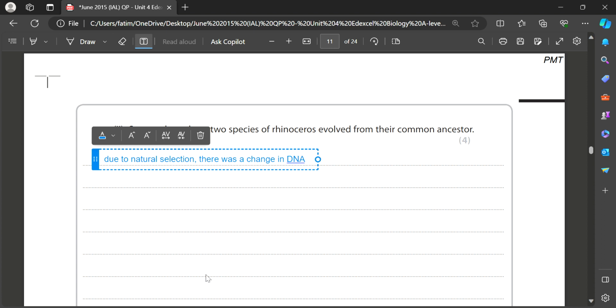Because the first question we're talking about DNA, so I'm just going back to it because I feel like we might need to put something about DNA there, because it needs to take part into the overall structure, so it has a flow to it, and I want to keep that flow. So there's a change in DNA structure because of mutation.